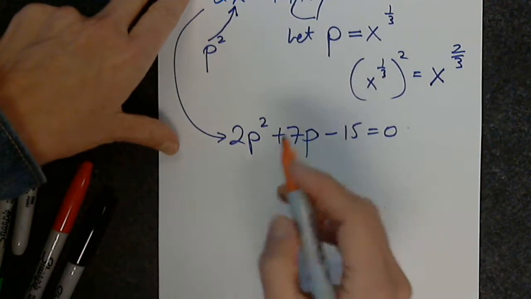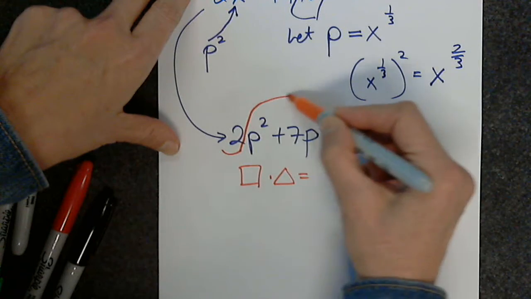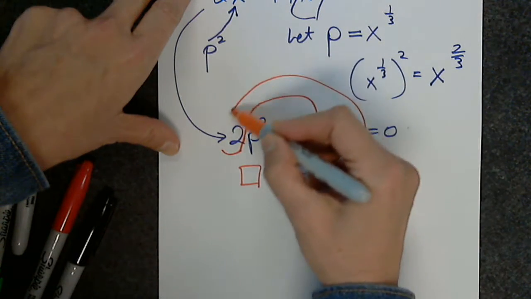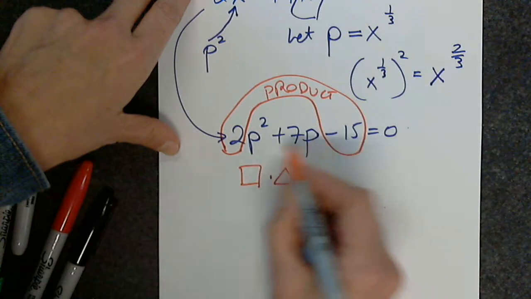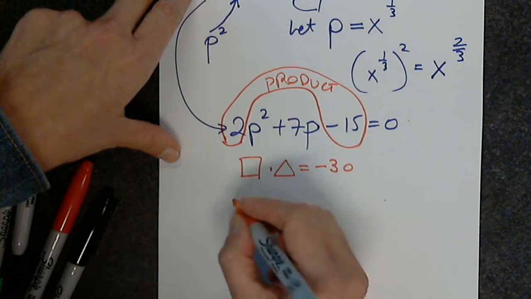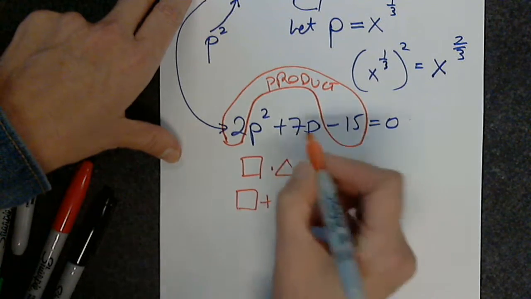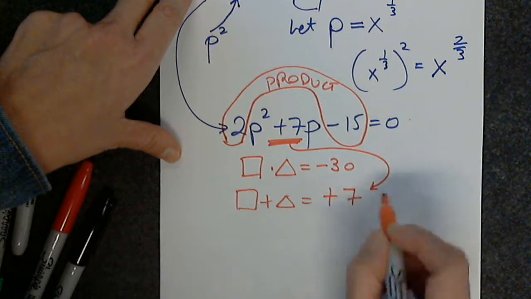So I try to find two numbers whose product is -30, the product of these two, and whose sum, the same numbers, whose sum is +7.